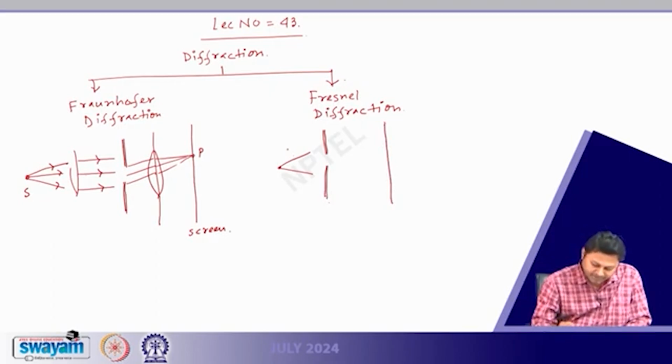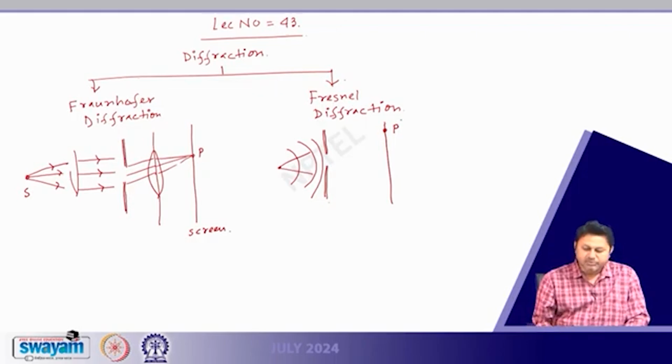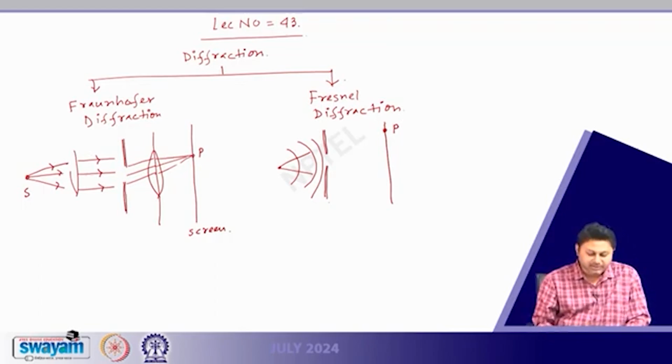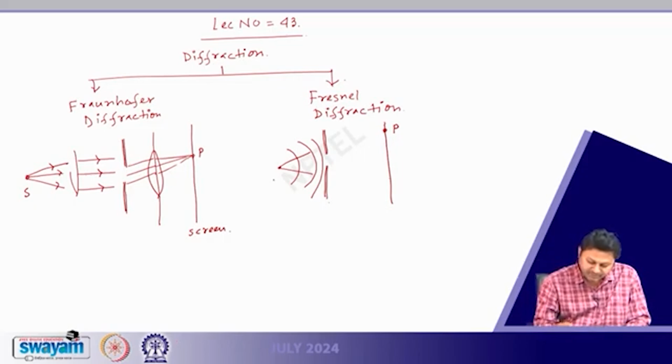In this case, the light falling on the aperture is a spherical wave, and what reaches here is also a spherical wave, and since both are at finite distance, the setup is simple. On the other hand, in the Fraunhofer case, the light hitting this aperture is not a spherical wave, rather it is a plane wave, and whatever I get is captured in this screen. This is the source and that is the screen.